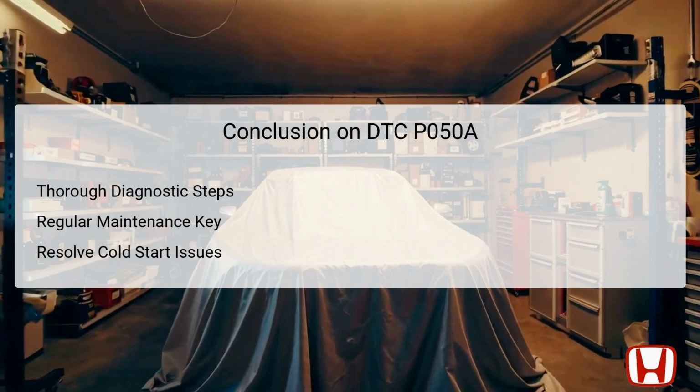Regular maintenance is also crucial, as it allows for early detection of potential issues, helping to prevent future DTC occurrences. It's important to monitor the intake system components continually, adjusting as necessary to ensure proper operation. By being proactive in these areas, vehicle owners can resolve cold start issues, ensuring smooth and reliable performance.